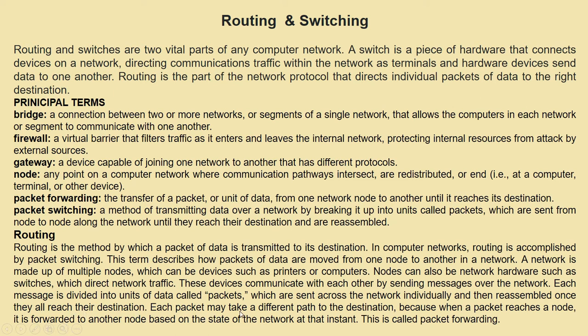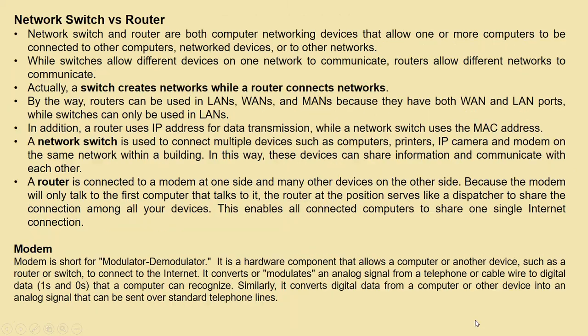Each packet may take a different path to reach the destination, because when a packet reaches a node, it is forwarded to another node based on the state of the network at that instant, and this is called packet forwarding. Okay, next we will discuss network switch versus router.